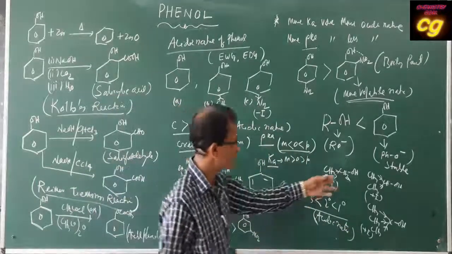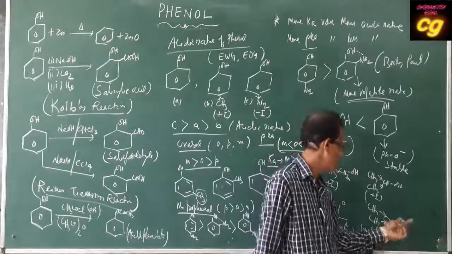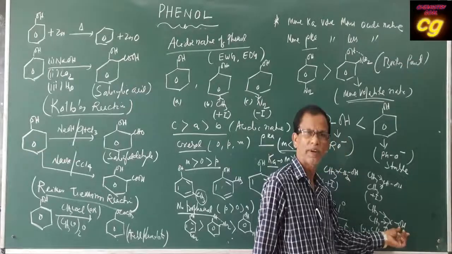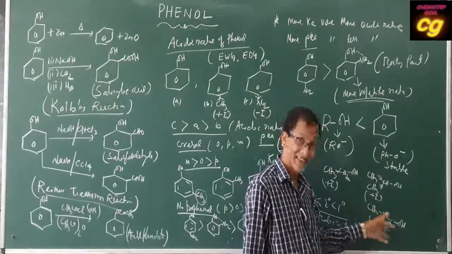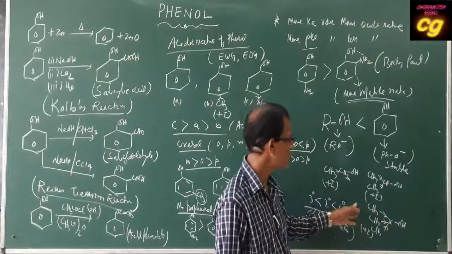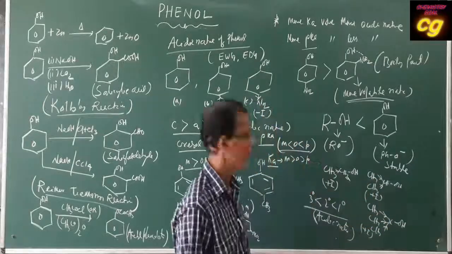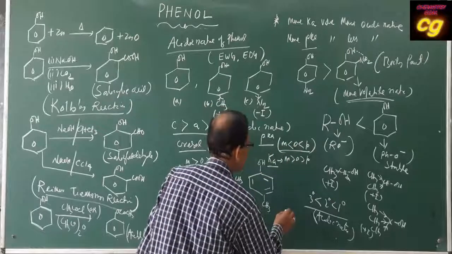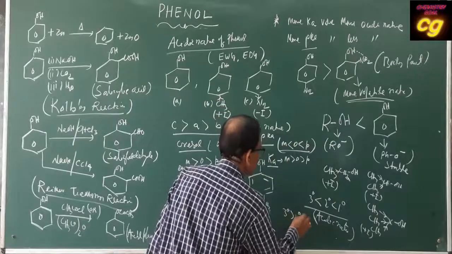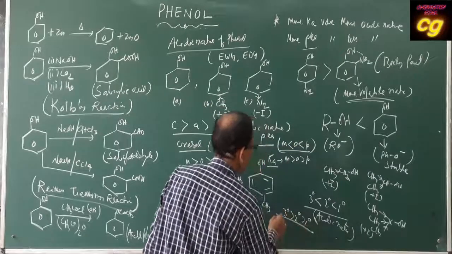Considering the participation of the OH group, tertiary will be less reactive compared to secondary, than primary. But when you consider C-O bond interaction, reactivity of tertiary is greater than secondary, greater than primary.